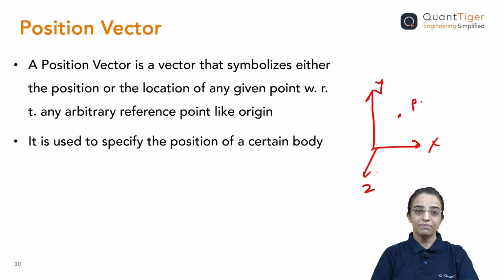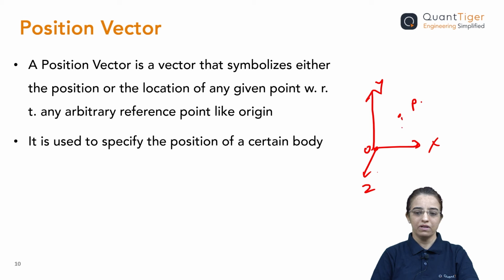I have taken P as any point. How do we tell where the point P is located? How do we measure it? We take the origin as a reference point, and with reference to the origin we tell where it is located.